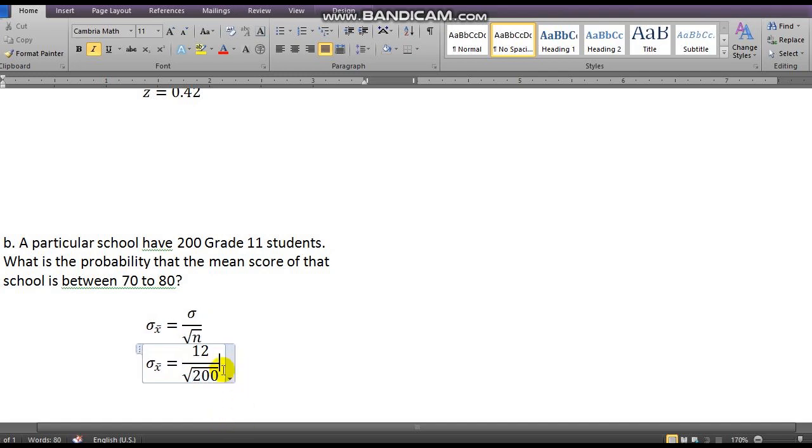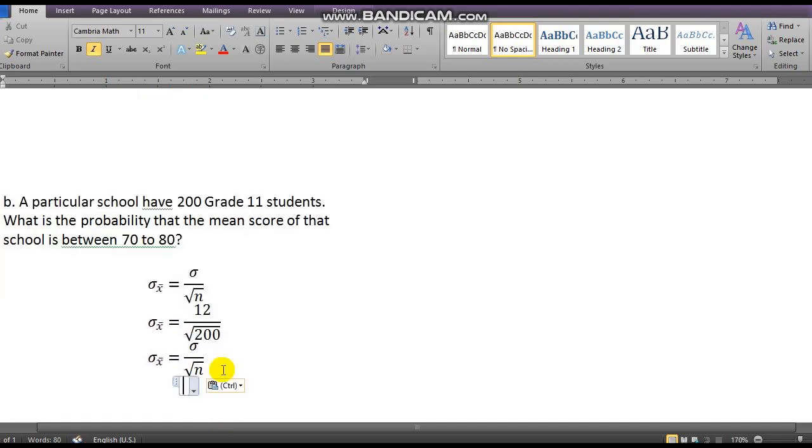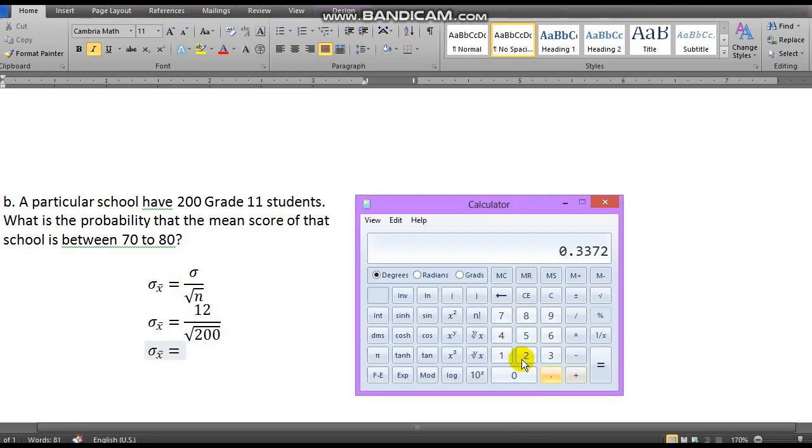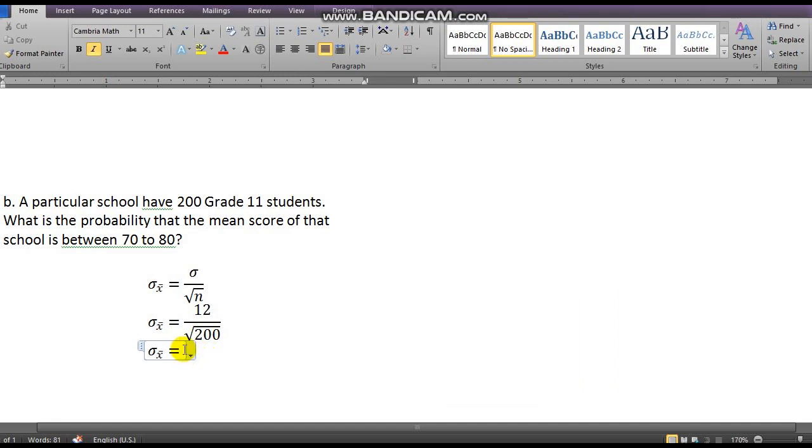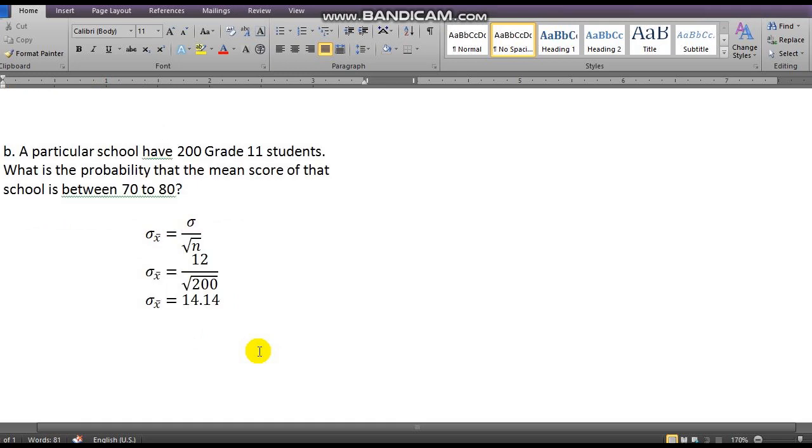So let's compute for this. That is 12 divided by the square root of 200, which is 14.14, let's just round it off. So this is our sample standard deviation.